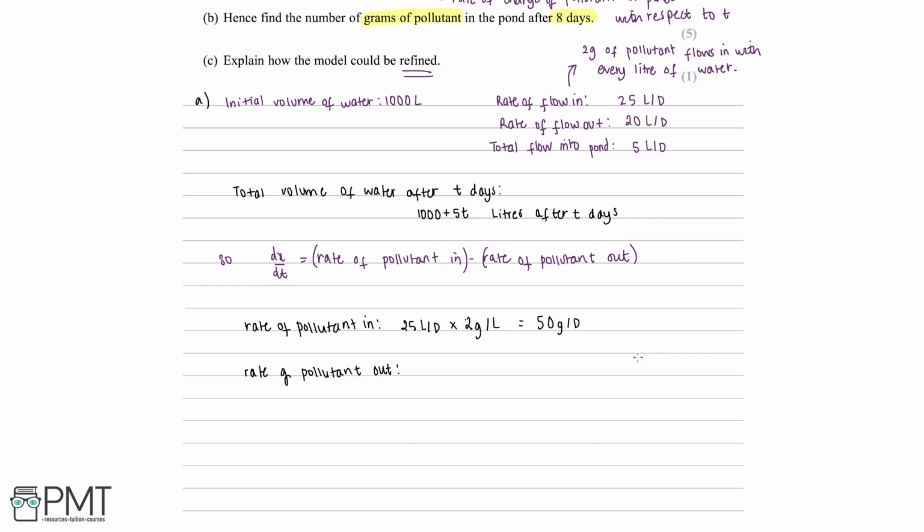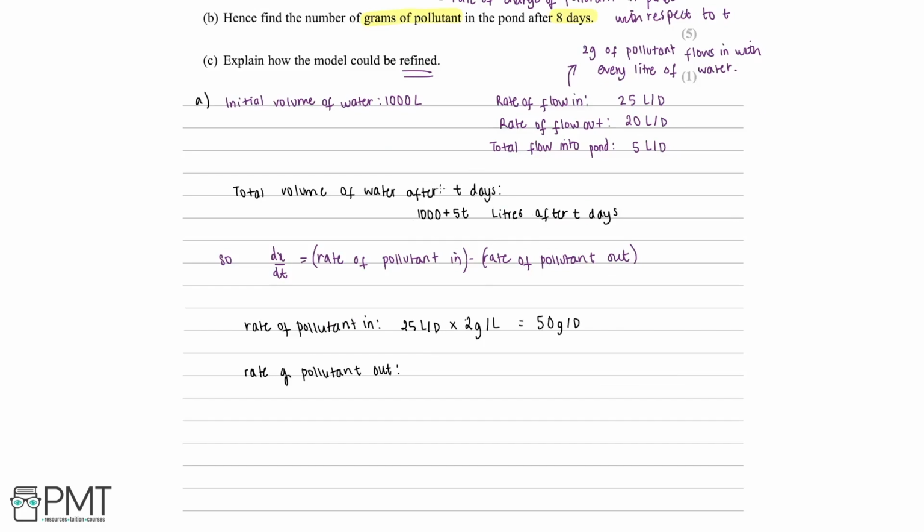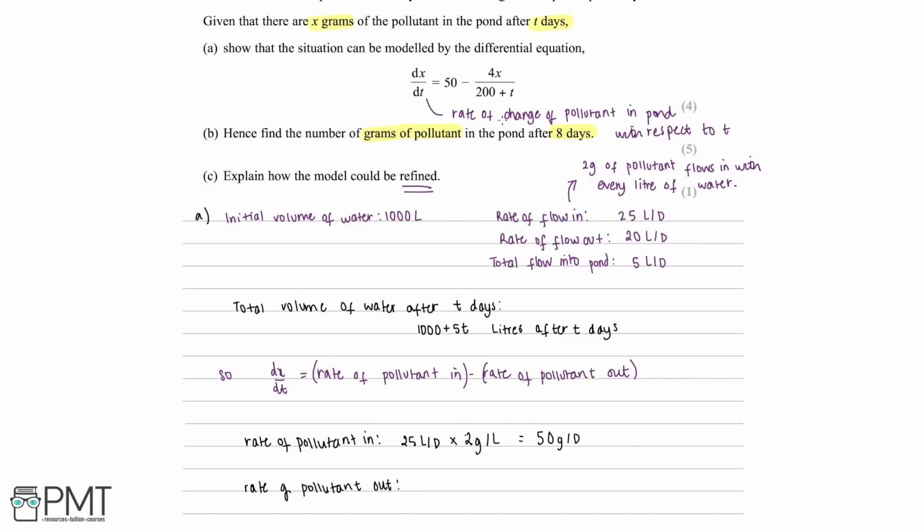In order to calculate the rate of pollutant out, we need to find out how many grams of pollutant is in every litre of water. To do that, we need to use the information that there are x grams of pollutant after t days and that the total volume of water is 1,000 plus 5t. If there are x grams of pollutant after t days and the total volume of water after t days is 1,000 plus 5t, then at any moment in time, there are x over 1,000 plus 5t grams of pollutant per litre.